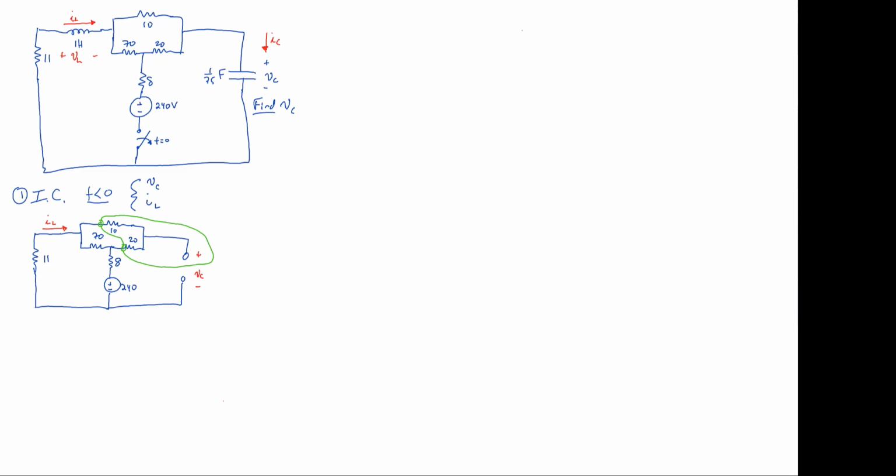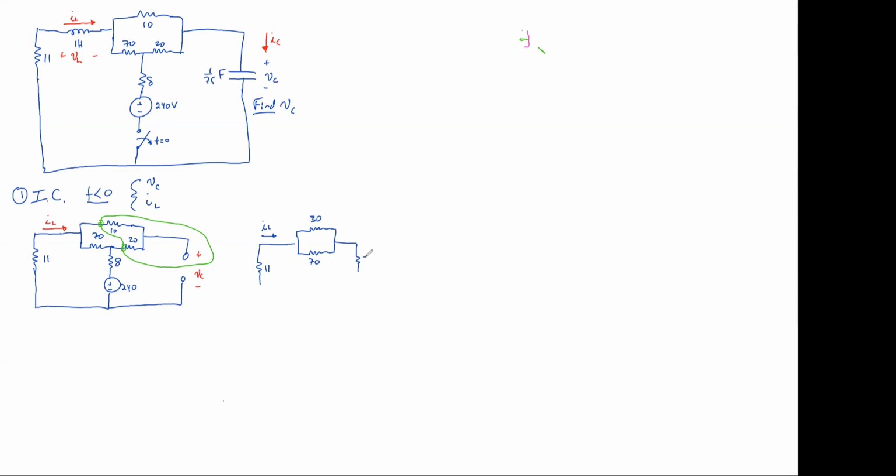But just to be different, let's try to do it using just intuition and using this kind of tricky simplification. We know we're not going to be able to solve for V C at this point, but we should be able to solve for I sub L, and we could rewrite it then as our 11 ohms and our I sub L, and it's going to break into a bottom 70 ohm section and a top, what's the top value? 30 ohms? 30, yeah.